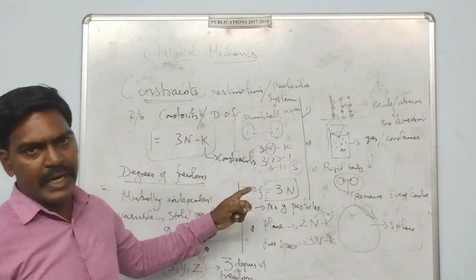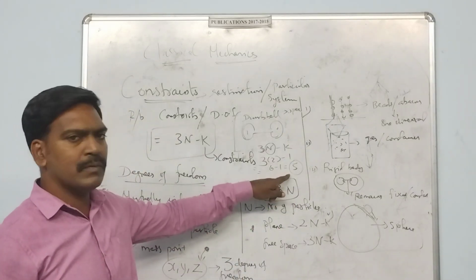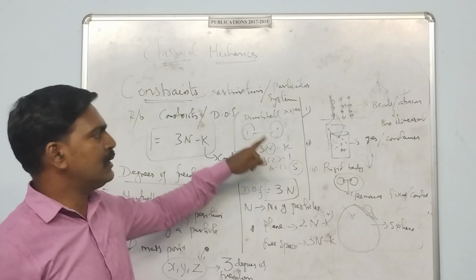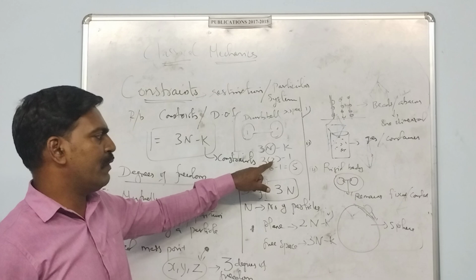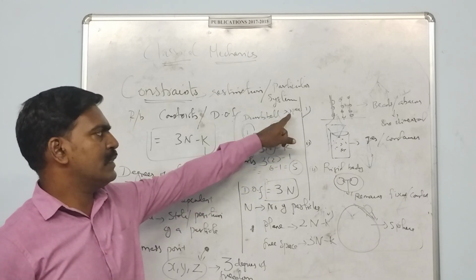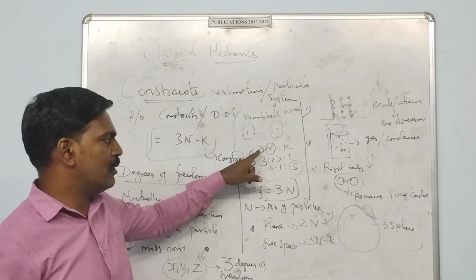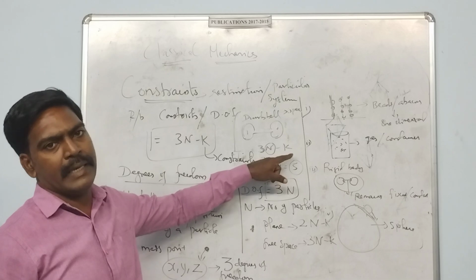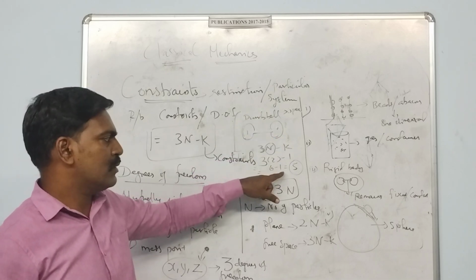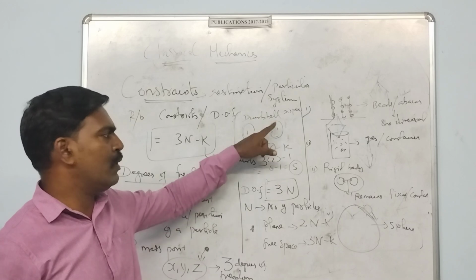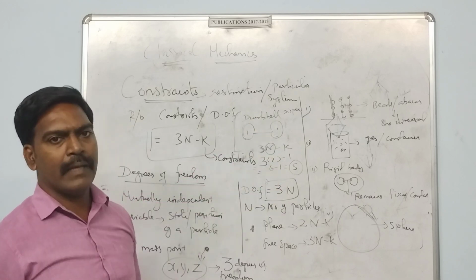So for this dumbbell, the degrees of freedom is 5. Since the dumbbell has two objects, two particles, for n we put 2. Since it is moving in space, use the formula 3n minus k. There is one constraint: the rod connecting the two particles. So finally, the degrees of freedom for a dumbbell moving in space is 5. Thank you.